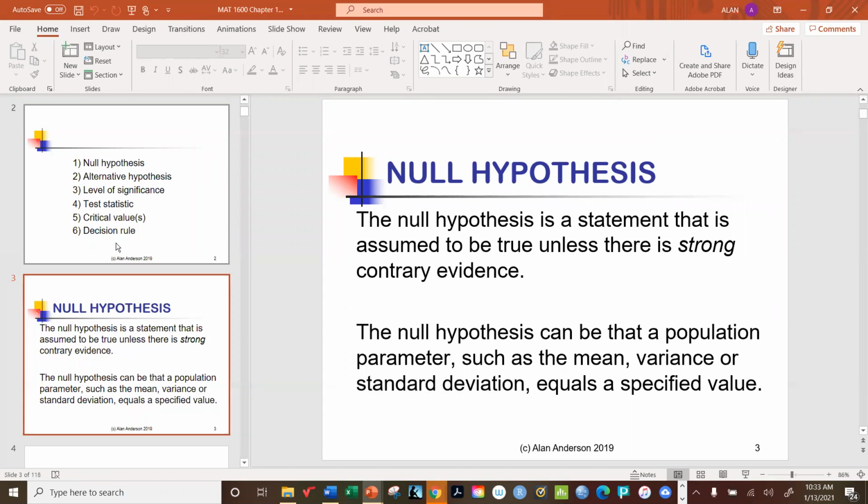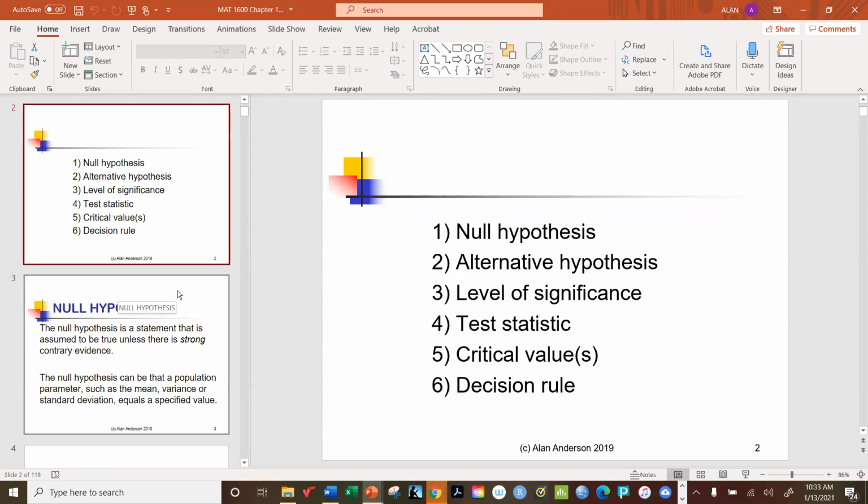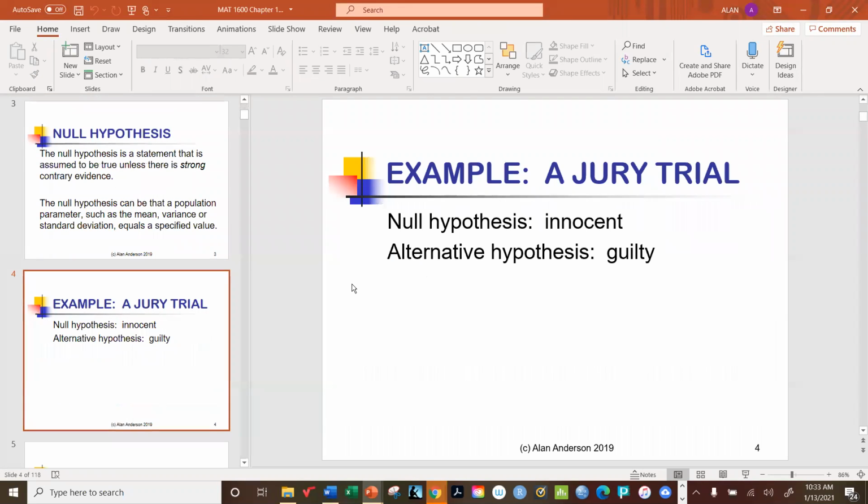Now, you saw in the list, we also need to have an alternative hypothesis. Oh, by the way, here's a good example, which has nothing to do with economics. The alternative hypothesis is what you accept in place of the null hypothesis if you discover that the null is false. A jury trial. Now, everybody's familiar with jury trials. You've seen enough TV shows during your lifetime to know how a jury works.